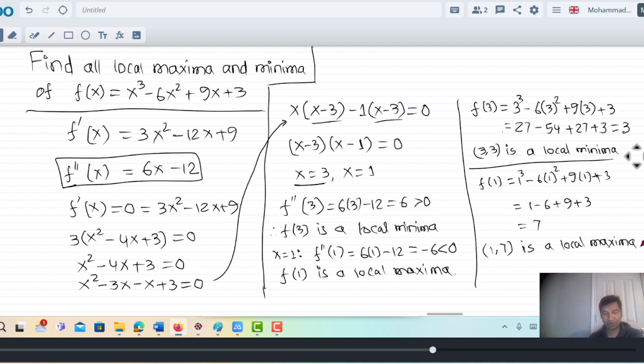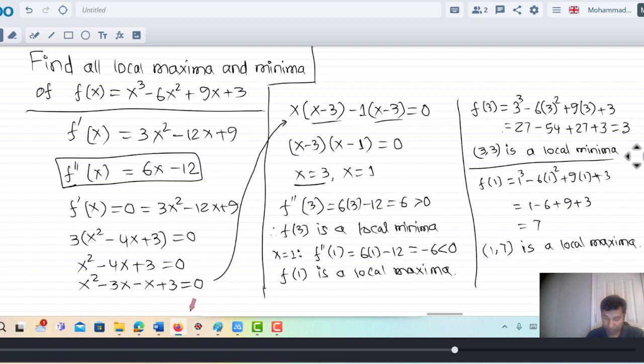At point 3, the second derivative is 6, which is positive, so f(3) is a local minima. At point 1, the second derivative is negative, so at x equals 1, f(1) is a local maxima. To find the exact values, just plug in the values and we'll get the result.